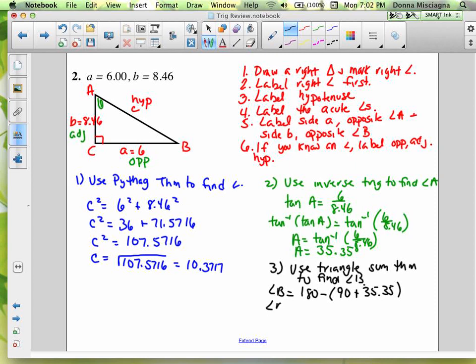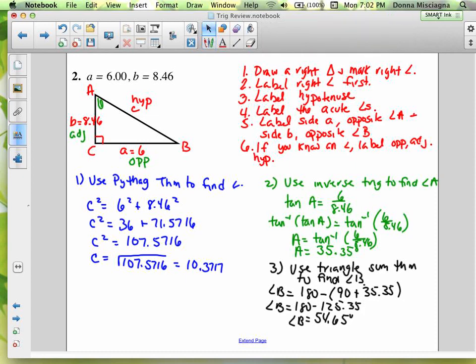That would be 180 minus 125.35, and so that's going to be 54.65. And let's just check, make sure. Yes, I think that is correct.